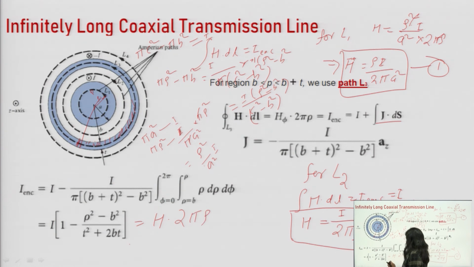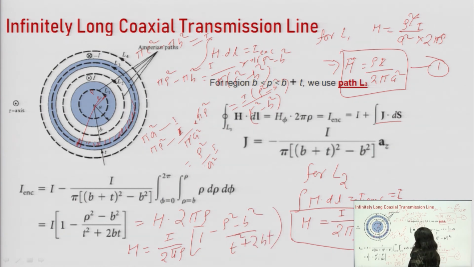So H for this case will be equal to I by 2 pi rho times 1 minus rho square minus b square by t square plus 2 bt. Alternatively, we can use this one. Here they have taken t, so I have used t, but alternatively if you take this as c, then you can use this one also.